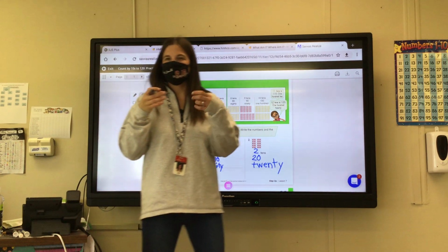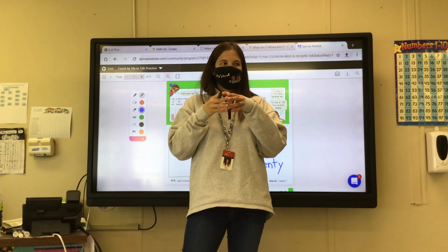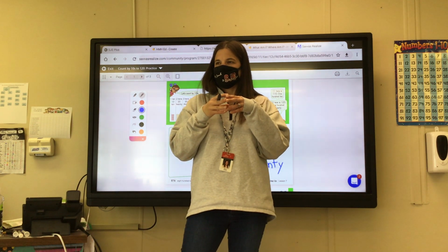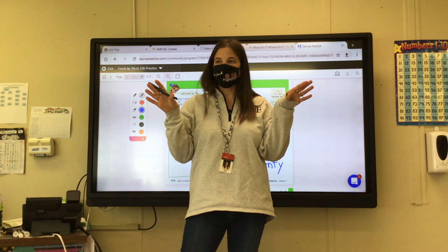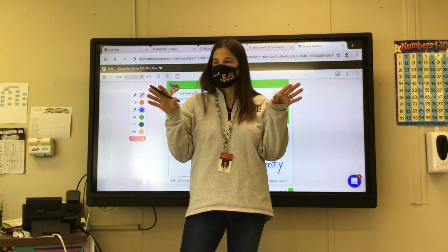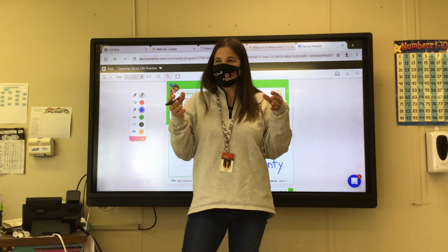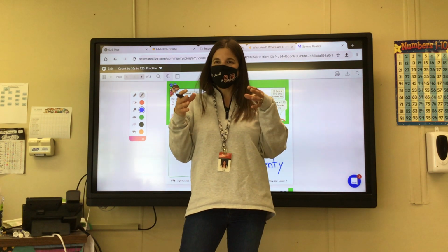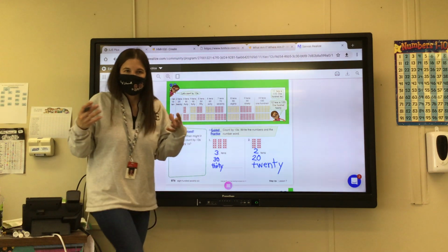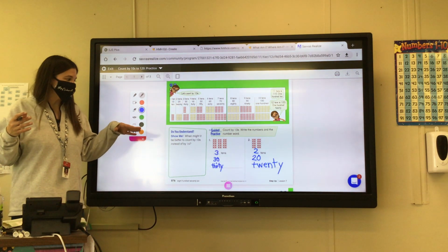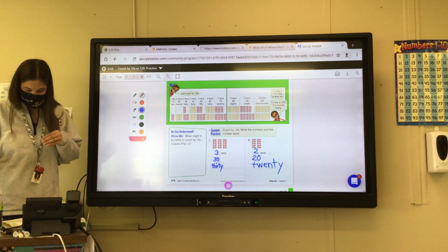Like say I had coins and I wanted to pass out coins to everyone, money to everyone. And I had all my friends in my class. There would be a lot of coins to count, so putting them in groups of 10s would make it easier, right? So when there's a lot to count, it's easier to count by 10s.